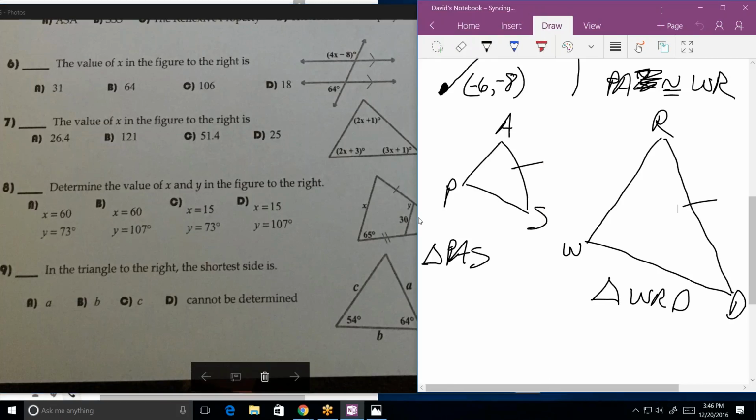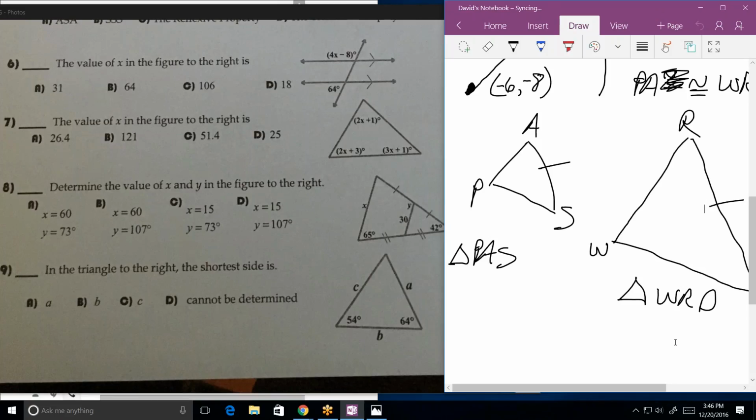Okay. Give me the equation on number 6. You do 4x minus 8 plus 64 equals 180. Good.